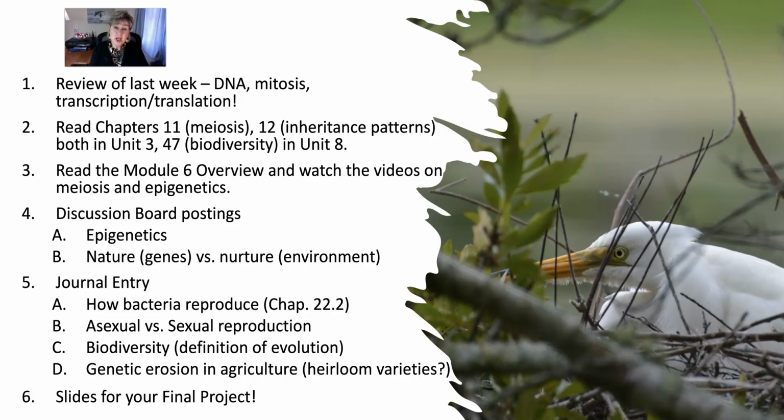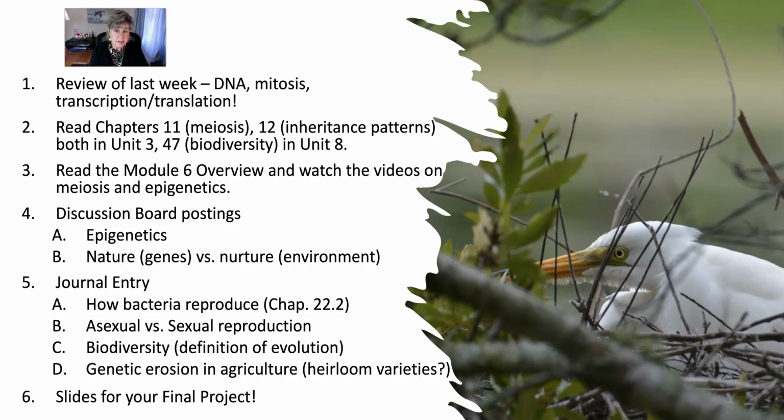You're going to discuss advantages and disadvantages of asexual reproduction. That is without sex involved. That's what bacteria do. You're also going to discuss how meiosis leads to sexual reproduction, what's involved there, and advantages and disadvantages to sexual reproduction.